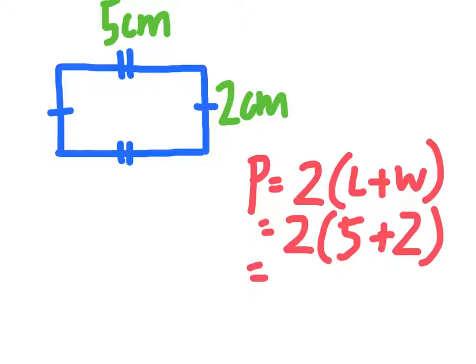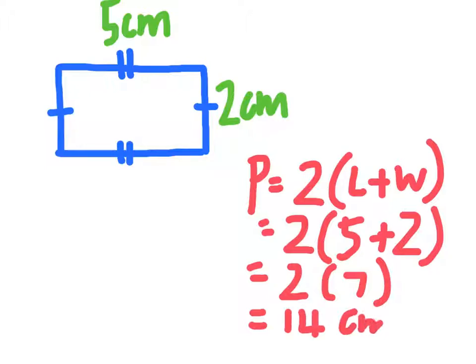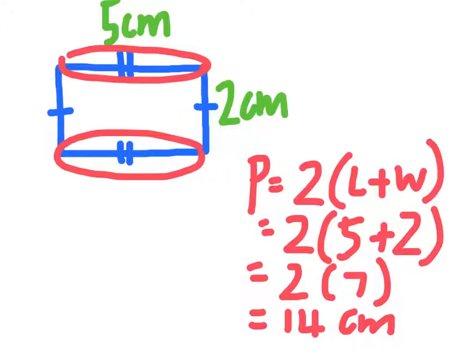So we have the brackets first, which is 5 plus 2 is 7, so we've got 2 multiplied by 7, so the perimeter is 14 centimetres. And I can always go back and check as well. So I have a 5 centimetre side, another 5, so that's 10, 2 is 12, and 2 is 14 centimetres.